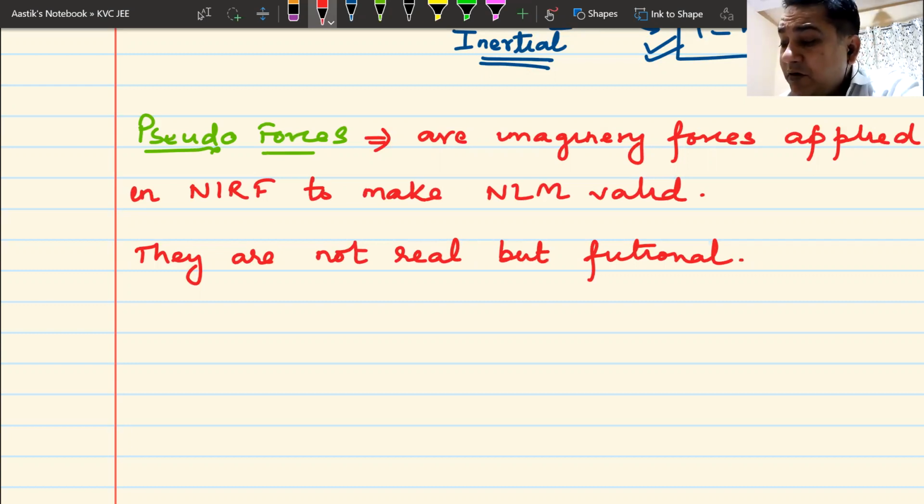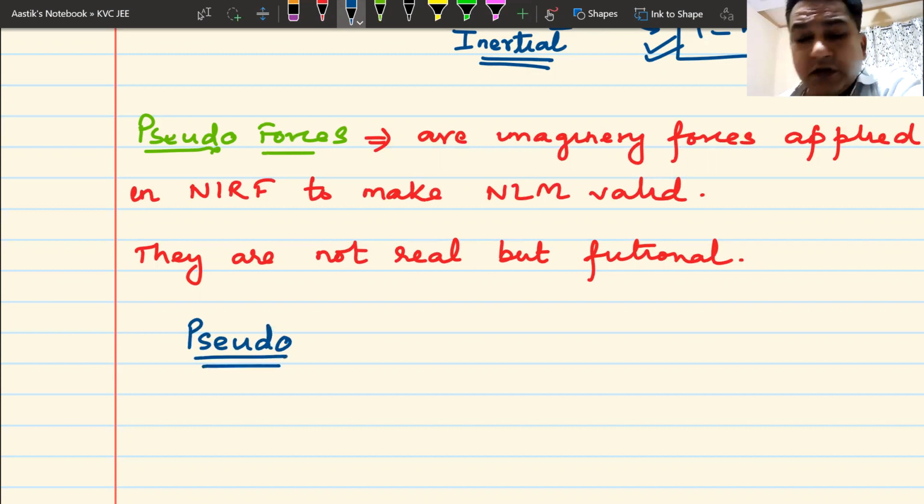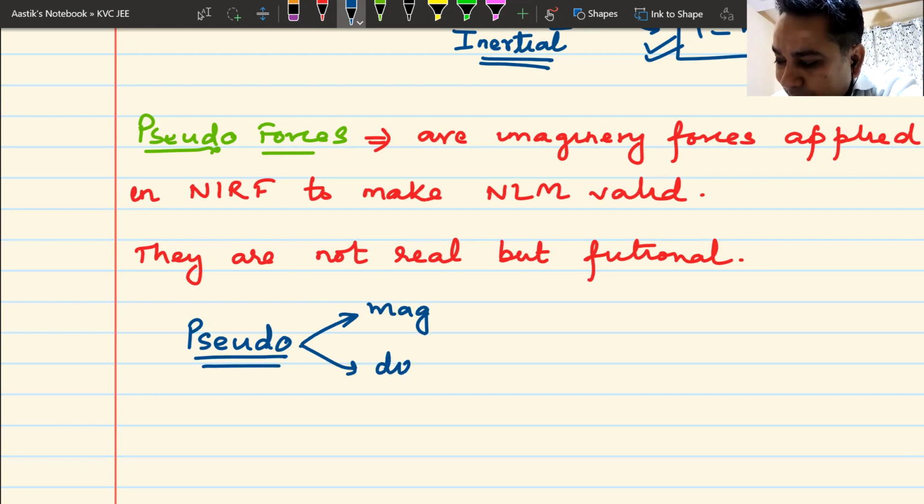Now, pseudo force is a force, and force is a vector. So this pseudo force must have magnitude and it must have direction. What is the direction of this pseudo force?